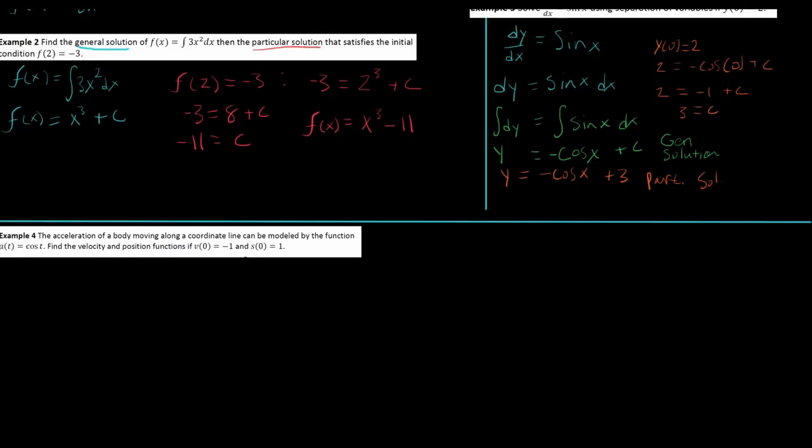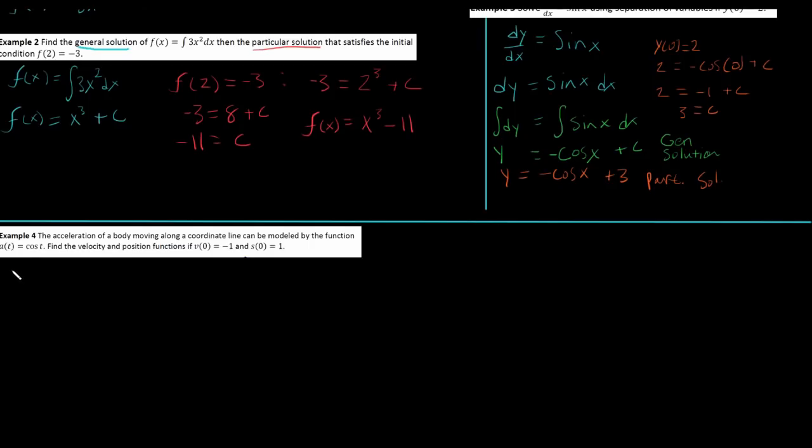And we want to find the velocity and the position functions. We're given initial conditions for velocity and for position. So let's go ahead and write that down. We know that acceleration is the derivative of velocity.